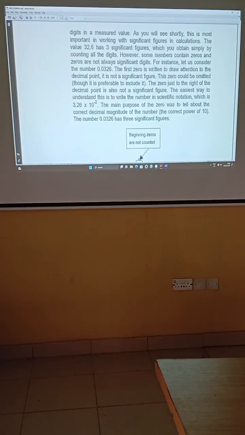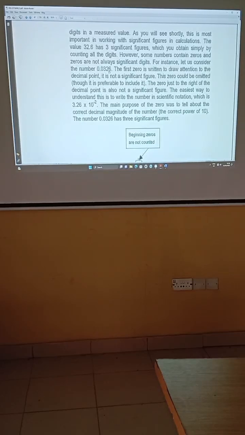However, some numbers contain zeros, and zeros are not always significant digits. For instance, let us consider the number 0.0326.